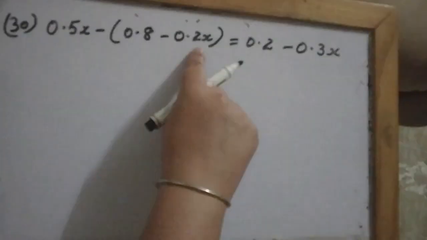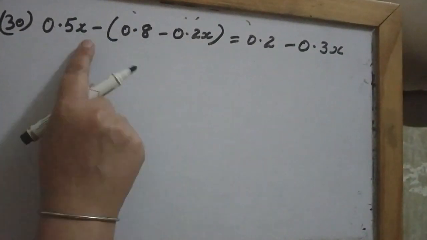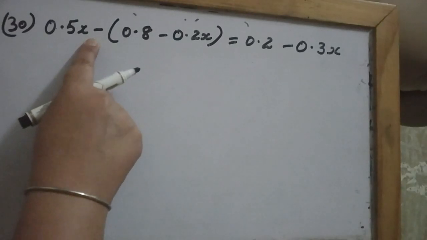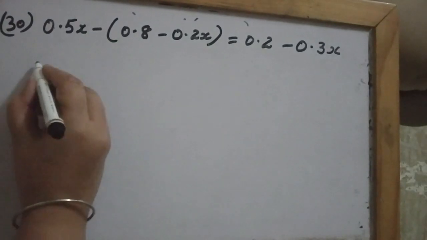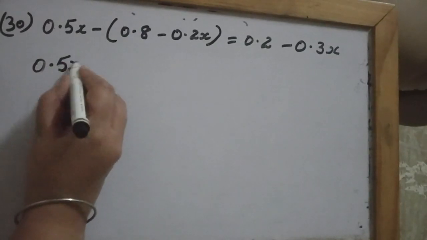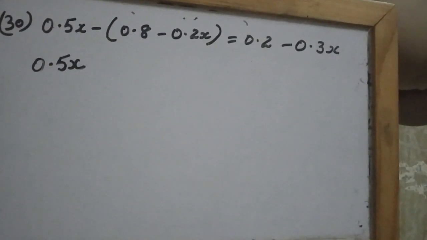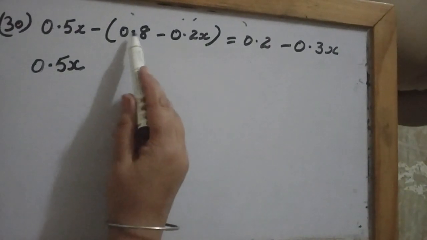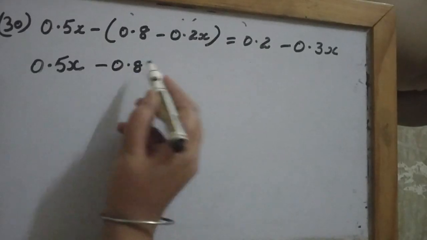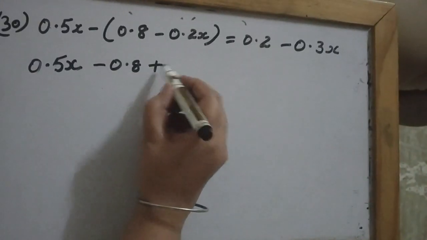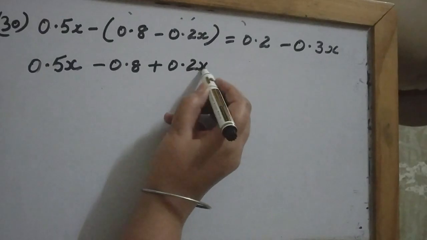First of all, I will open the bracket, and as you can see outside the bracket you have a negative sign. So when I open the bracket, all the signs inside the bracket will get changed. This 0.8 will become negative 0.8, and this negative will become positive 0.2x.